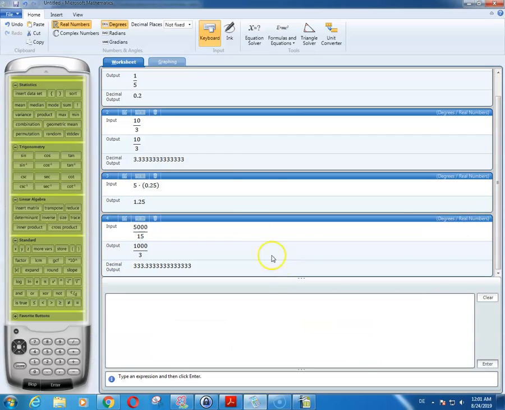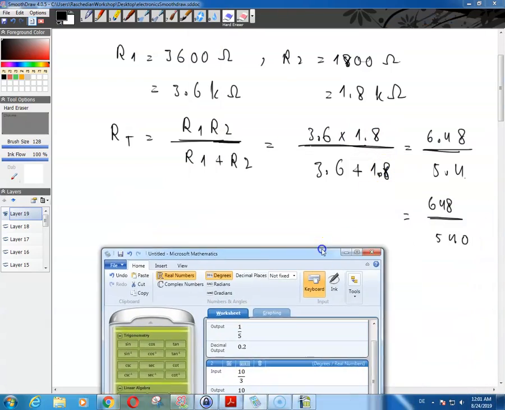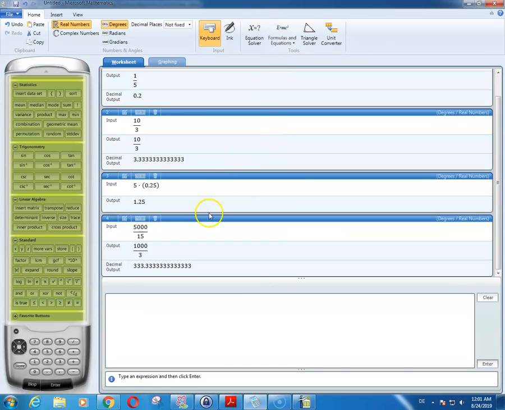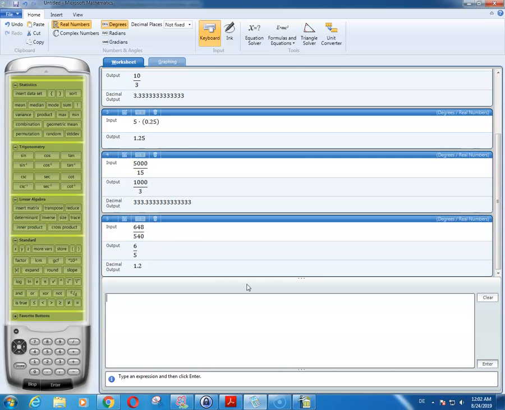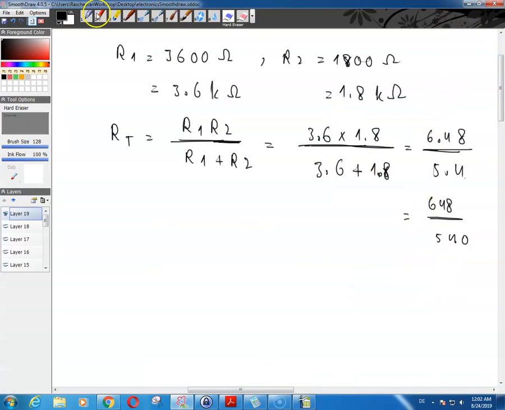Of course, in these cases, you do need to use a calculator. 648 divided by 540 is equal to 6/5 or 1.2 kilo ohm, which is equal to 1200 ohm.